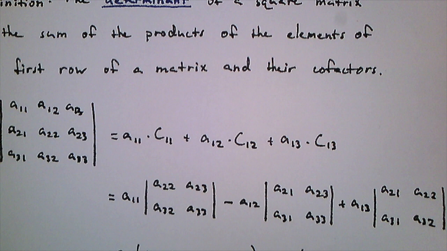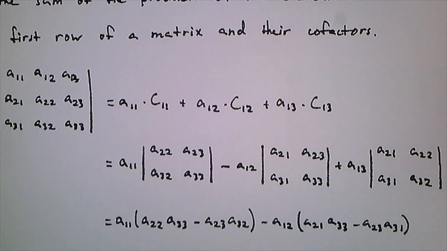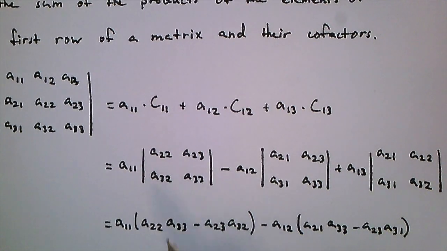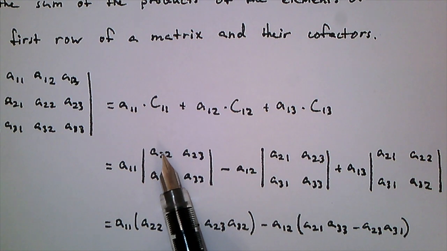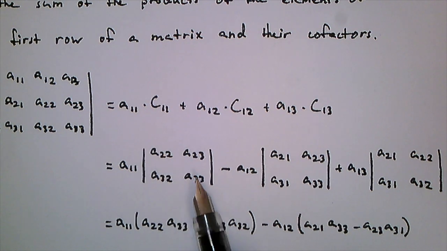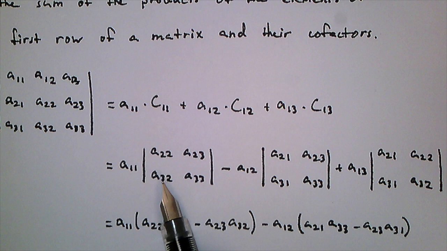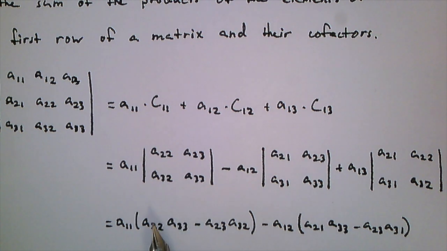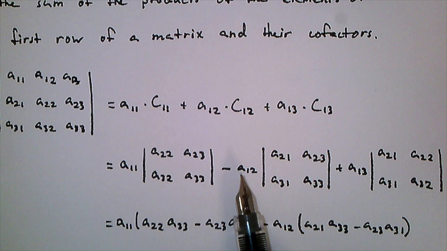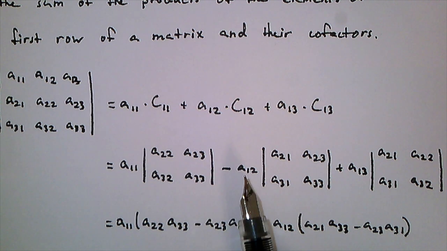I've written out the rest of these determinants. So just starting here, we have A22 times A33 minus A23 times A32. So I've put that inside parentheses here and brought down A11 in the front. And then we go to our second matrix. We have minus A12 here.